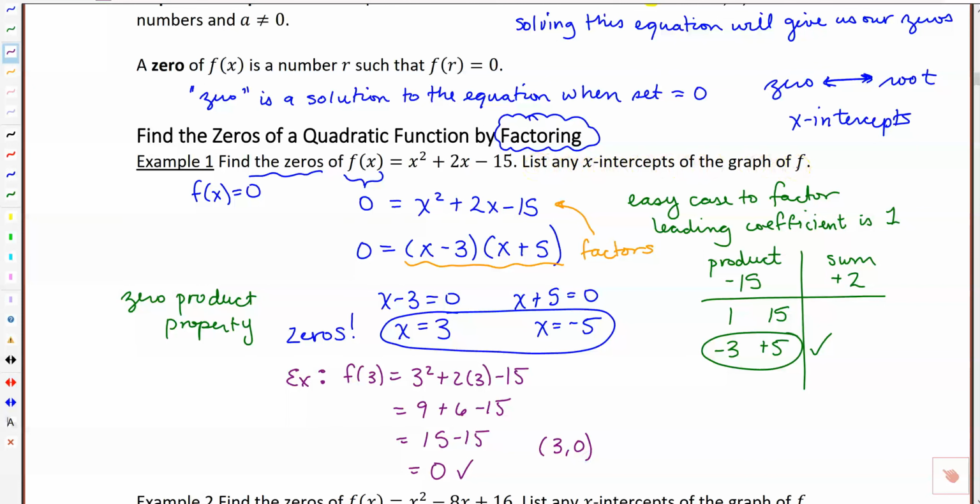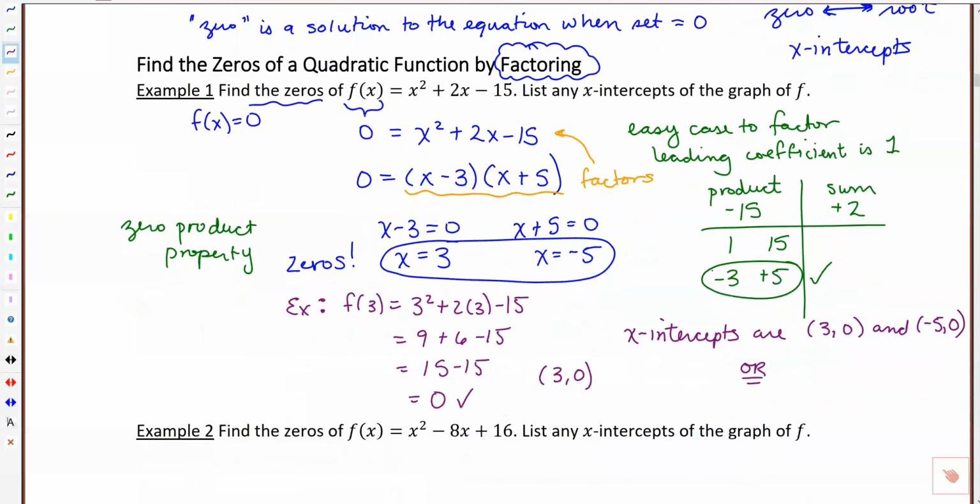The x-intercepts are going to be the ordered pairs 3, 0 and -5, 0. Or we can shorten how we say that, and we can say the x-intercepts are 3 and -5.